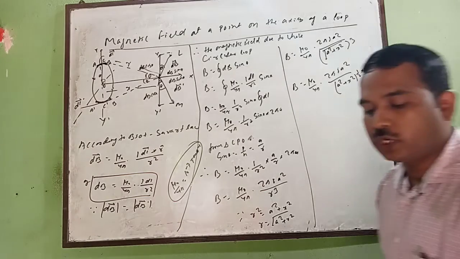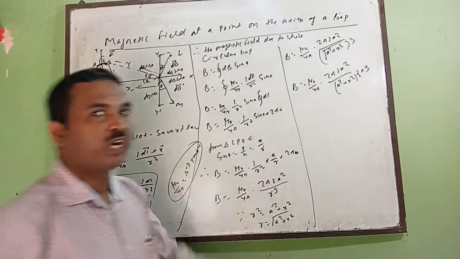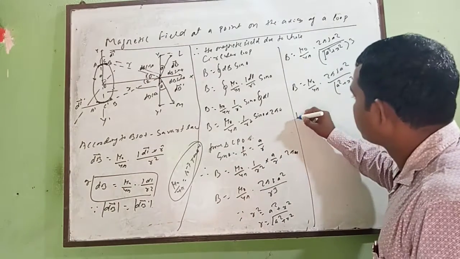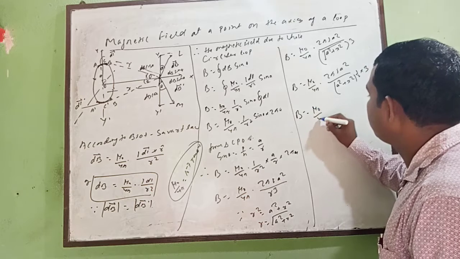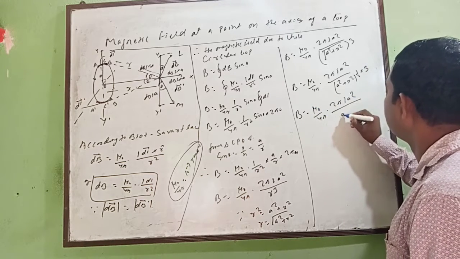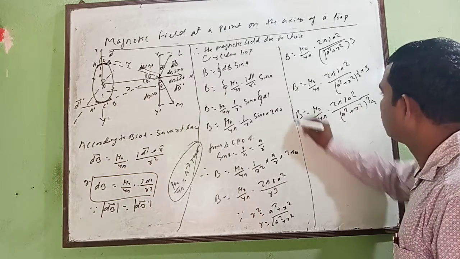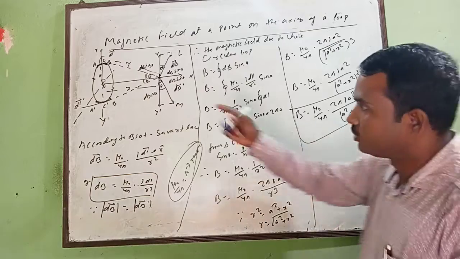So B is equal to mu naught by 4 pi into 2 pi I A square divided by A square plus X square to the power 3 by 2. This is your final answer for one rotation.